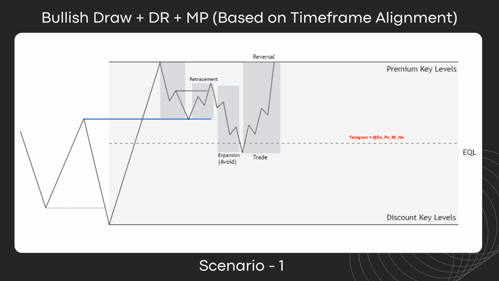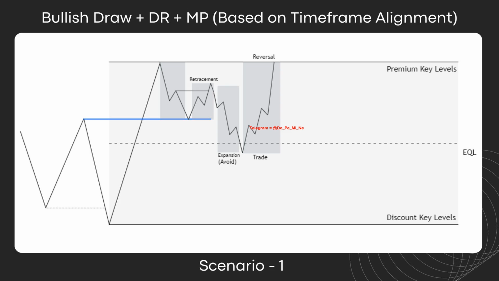So let's say another time you are dealing with a bullish market structure, and you've seen a bullish dealing range, and you've got a key level inside the premium. Now you're going to be cautious around that key level, because you know that price is most likely going to retrace to a discount key level before it could move higher. But we also had this premium key level, so you're going to be wondering what price will do at this key level, right?